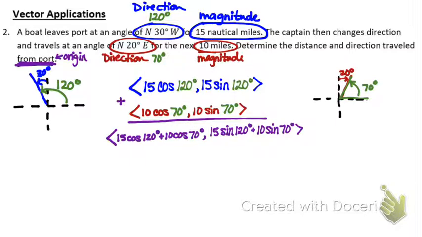That's what I'm going to use for my magnitude and my direction. Let's pop it in our calculators real quick, though, so that I know what quad we're in, so that we know whether or not we need to add 180 onto it. This is what we're going to use for magnitude and direction, though.